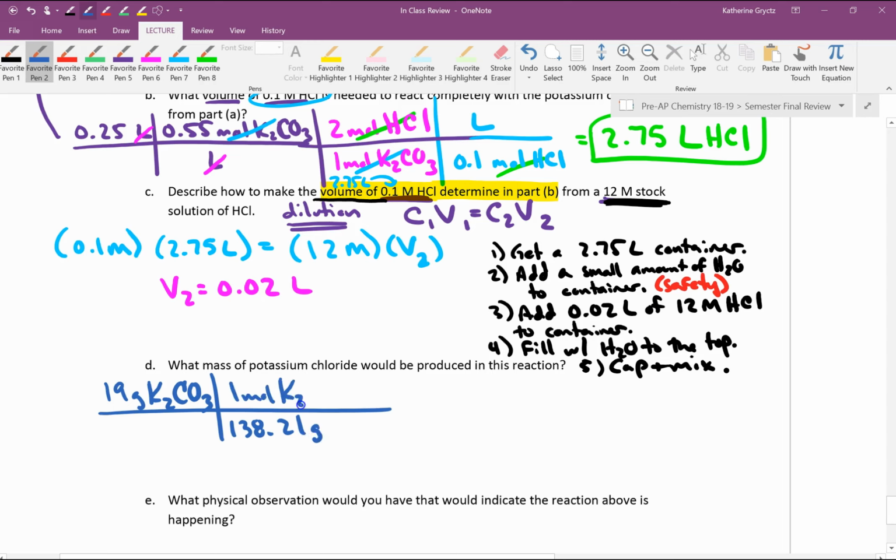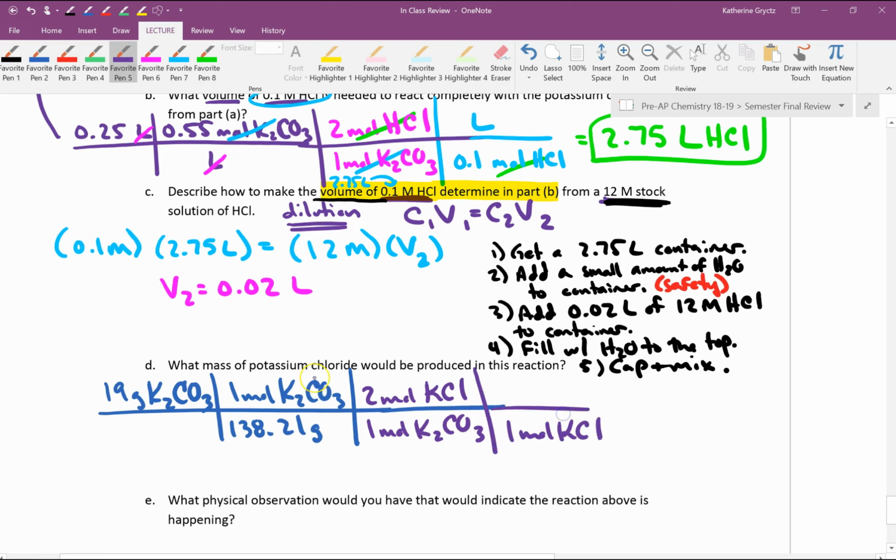That's moles of K2CO3. Okay, and then we were trying to go to potassium chloride, so we'd look at our coefficients, and we'd say 1 mole of K2CO3 is 2 moles of KCl. And then 1 mole of KCl, since we're going to grams, is 74.55 grams.